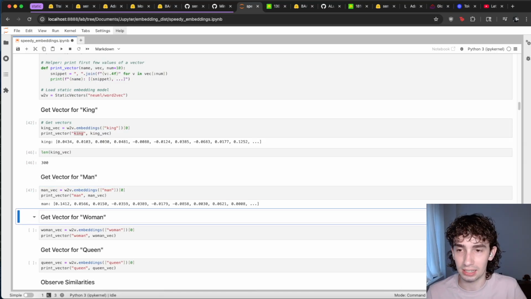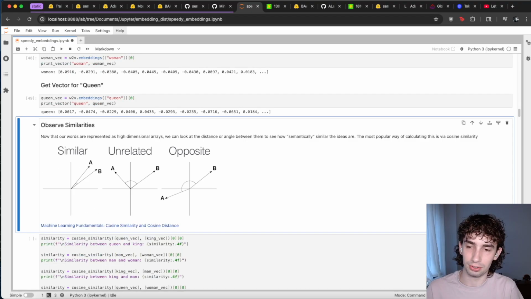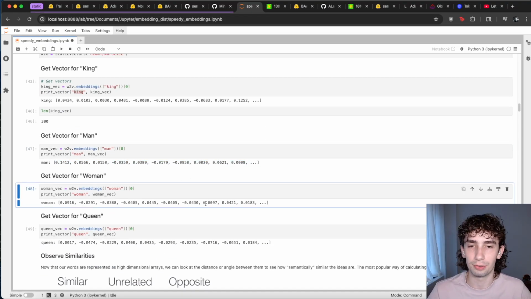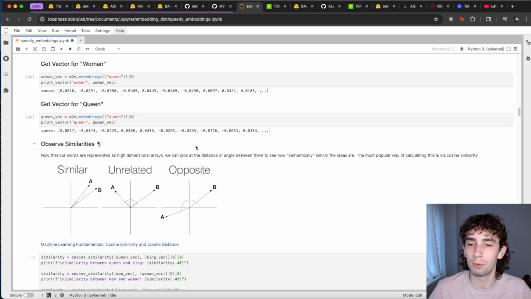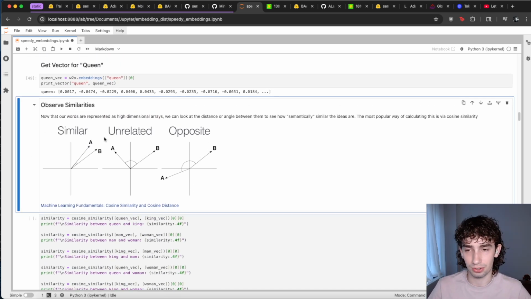We can see that getting the vectors for man, woman, and queen, respectively, gives us some different 300-dimension vector representations. Now, this might be a little bit difficult to wrap your head around, as we can only imagine up to about 3 dimensions, but we can look at how these numbers and dimensions can be used.